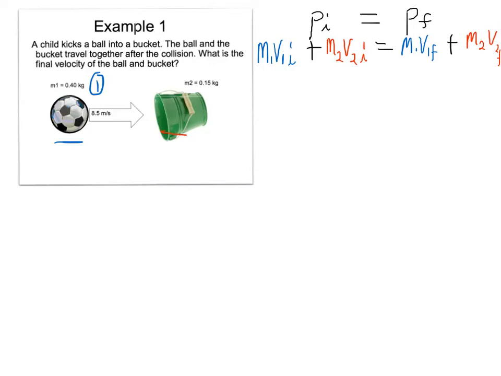So the initial momentum of object 1 plus the initial momentum of object 2 equals the final momentum of object 1 plus the final momentum of object 2.